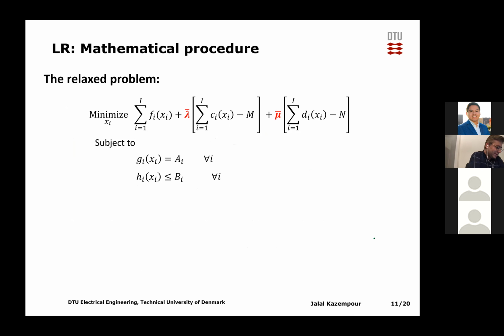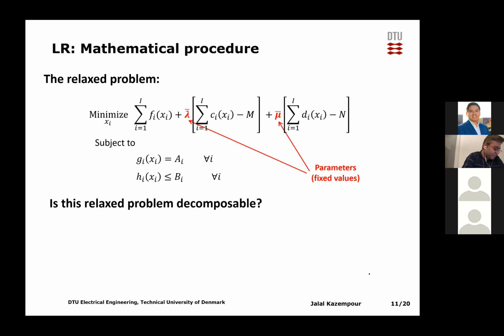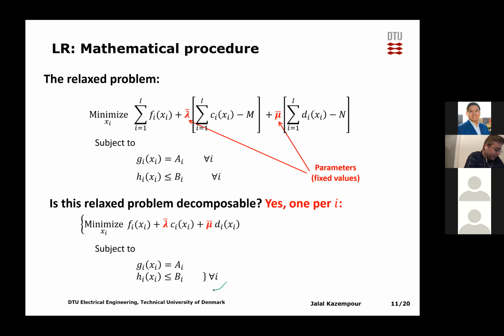Very good. So the maximization is gone because I fixed lambda and mu to given lambda bar and mu bar. And now our problem is decomposable, one per i. There is no sum operator anymore in the subproblems. And as I said, m and n are also gone, because lambda bar times m and mu bar times n are constants and can be removed from the objective function.